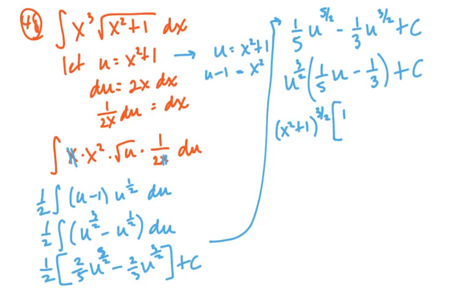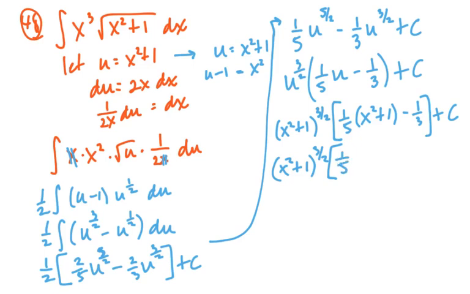And then we have 1/5 times x squared plus 1 minus 1/3 plus c. x squared plus 1 to the 3/2. And we have 1/5 x squared plus 1/5 minus 1/3 is minus 2/15, plus c. You could write it again without the bracket so that you just have the parentheses, but it's not really necessary.